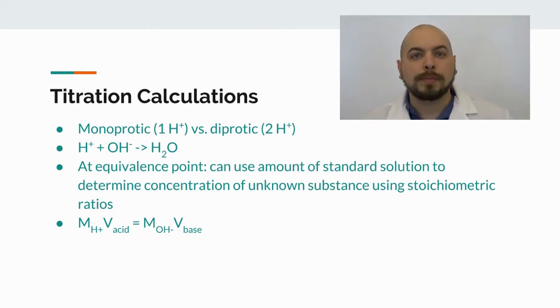So it would be molarity of H plus ions times the volume of your acid is equal to the molarity of hydroxide ions times the volume of your base. Okay? That way you're sure that if it's a monoprotic or diprotic, you've accounted for the extra hydrogen in any of the diprotic or dihydroxic compounds.